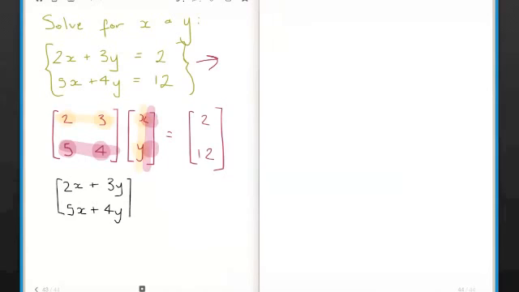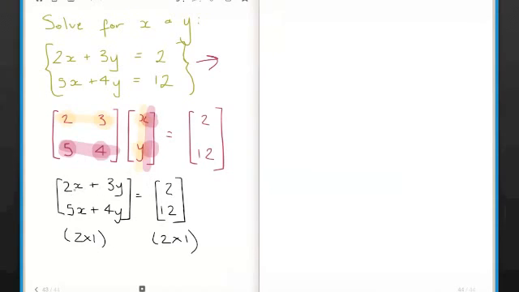If I multiplied those two out, we can see these two are of the same order. They're the same size. This is a 2 by 1, and this is a 2 by 1. So when we talked about our matrix equality, because it's the same size, these two can be equal.